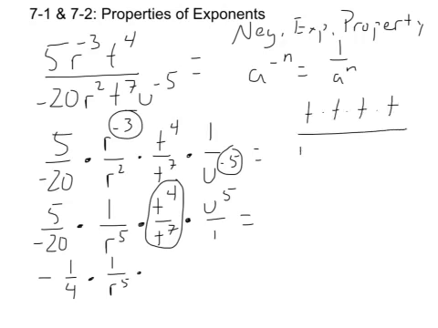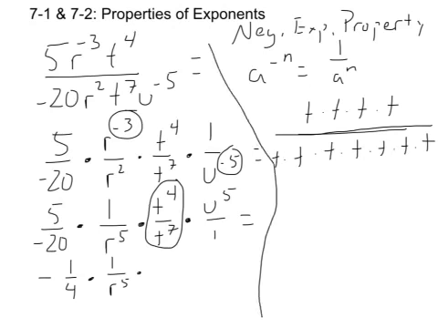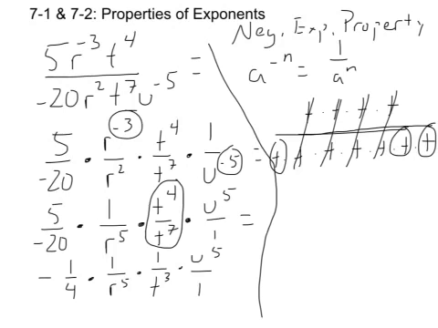T to the 7th is t times t times t times t times t times t times t. That's a lot of t's. And so if I'm going to cancel out like I can with any fraction, and this is different from over here, I can cancel out with any fraction. So that cancels, that cancels, that cancels, and that cancels. So I've got 1, 2, 3 t's left in the bottom. So it's 1 over t to the 3rd times u to the 5th over 1.